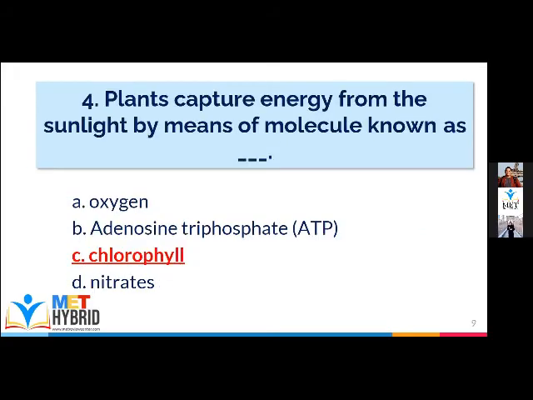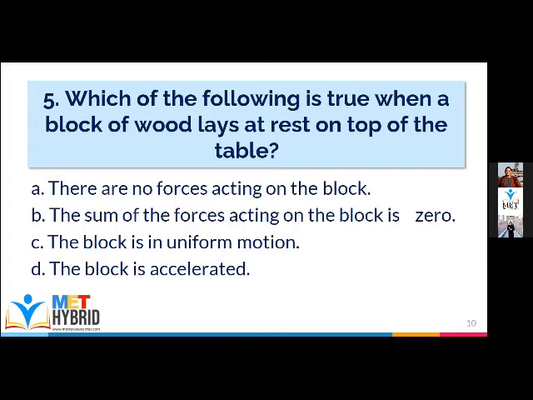So first law of motion, we have law of inertia. And law of inertia states that an object in motion will remain in motion, or an object at rest will remain at rest unless acted upon by an external force. Okay? So that's law of inertia.